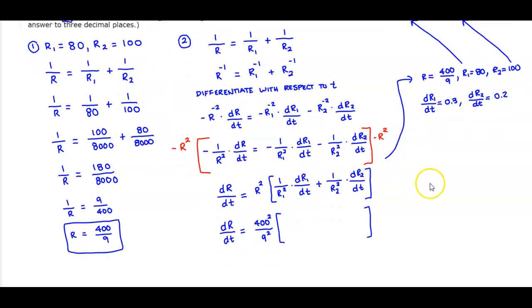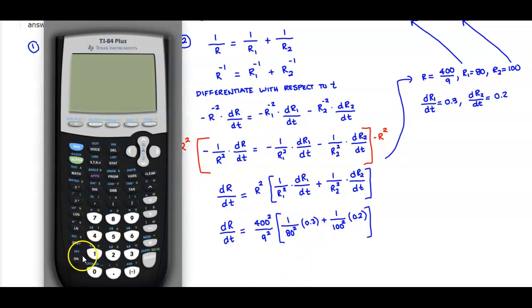So now we can plug in our information. We have 1 over R1 squared, which is 80 squared, times the rate of 0.3, plus 1 over R2 squared, which is 100 squared, times that rate, which is 0.2. So let's go ahead and do that on our calculator.